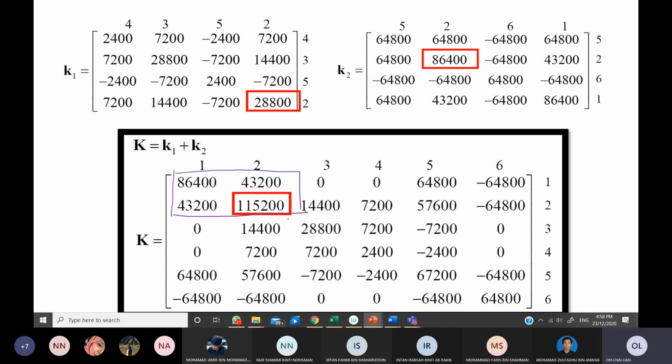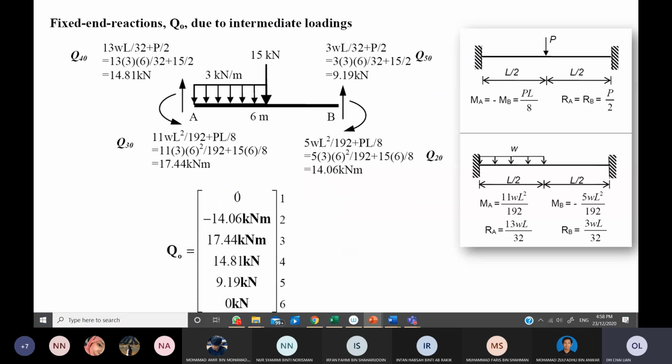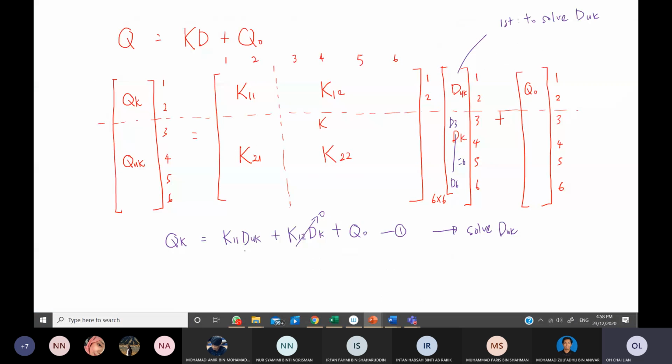No need to find all the elements. Only find the ones that I highlight in purple. Why? Because these are the K11 region. Only the K11 region will give you the answer here.